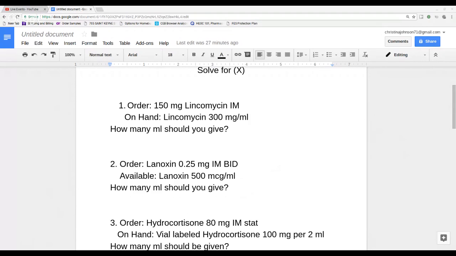So that would be the correct answer. If you guys have any questions, let me know if you got something different or if you need any further explanation. You should be dividing the 0.25 divided by 0.5, and it should give you 0.5, which would be our milliliters. We're solving for the X. All right, nobody has any questions. We're going to move on to number 3.